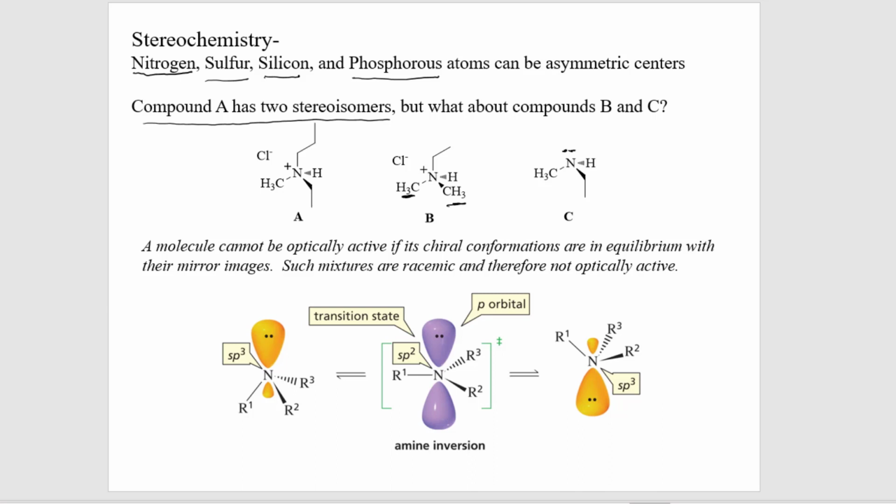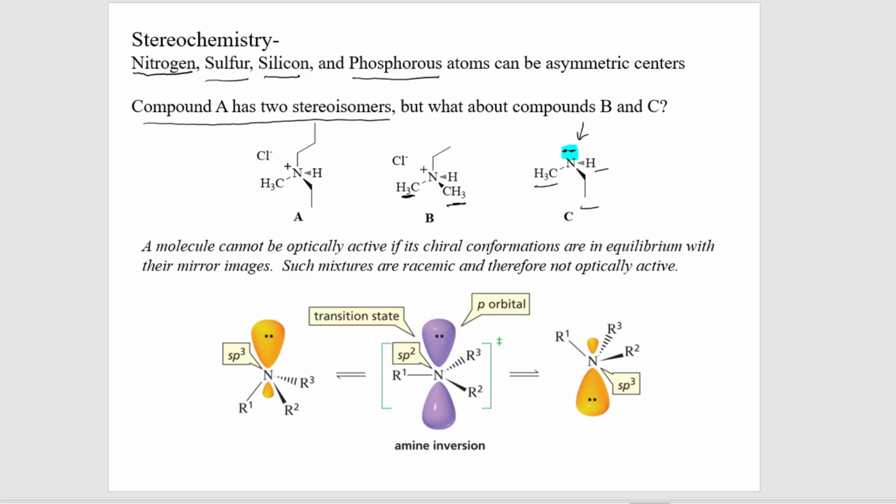But what about C? I mean, if you treat the methyl, the ethyl, and the hydrogen and the lone pair as four distinctly different groups, why is it that we can't say that the nitrogen has properties of a chiral species? The answer lies in the fact that the lone pair is not a bond, okay?